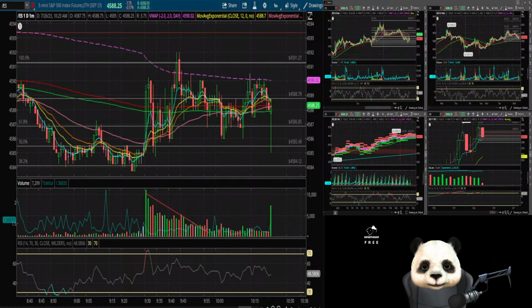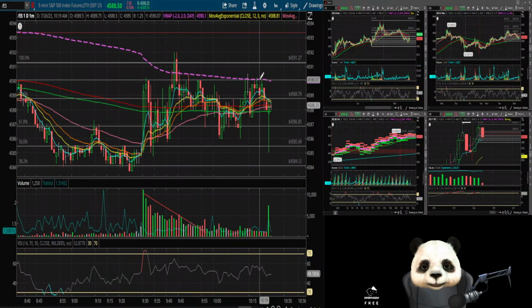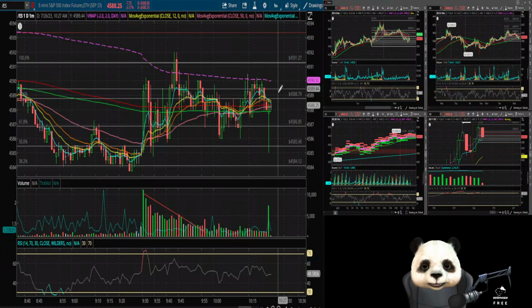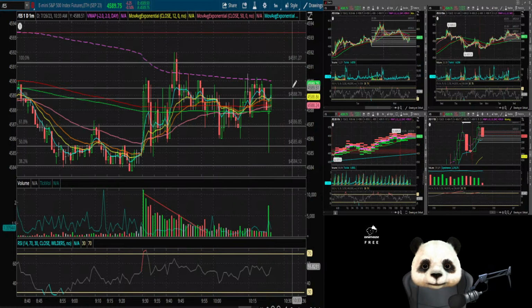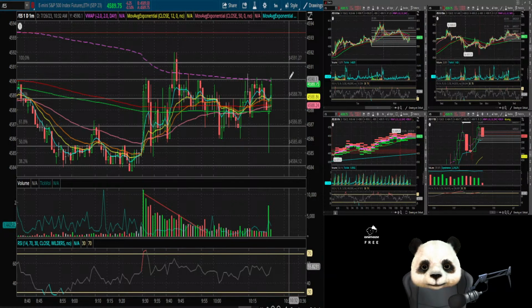Oh wow. Oh guys, you see this? This was 10, no, not 10:30 crude oil, and just a massive spike. Wow. Interesting. Look at that volume.